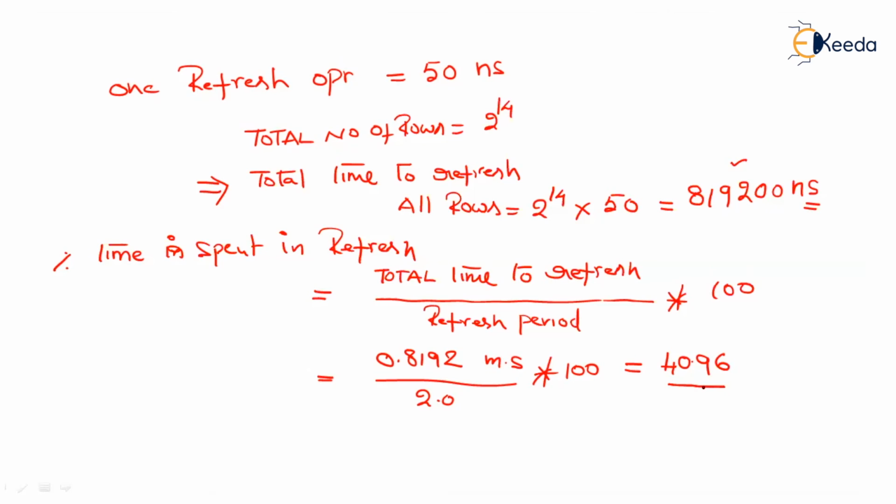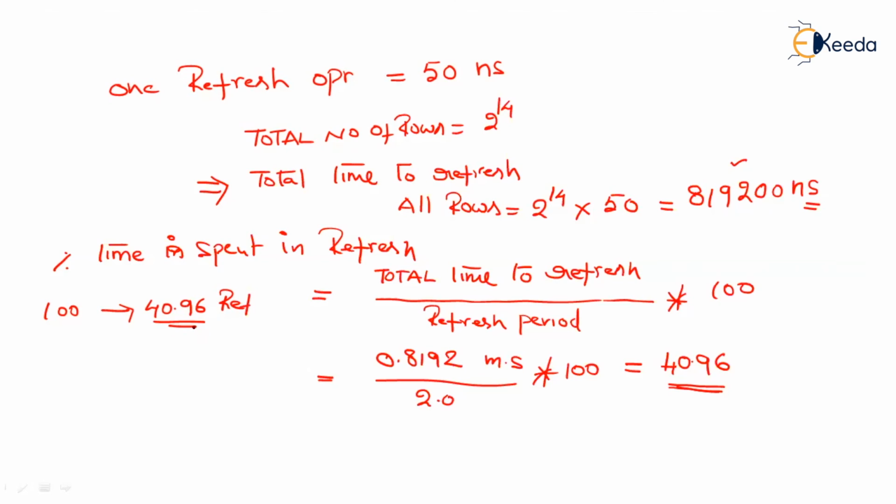Now this is the refresh time. In total 100%, 40.96% is used for refreshing. So the remaining time will be for read and write. Out of 100, 40.96% of time is consumed for refreshing.